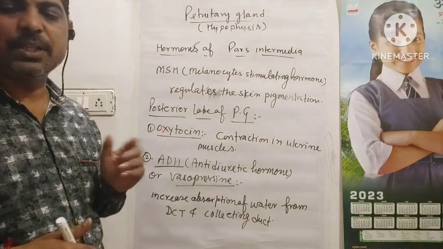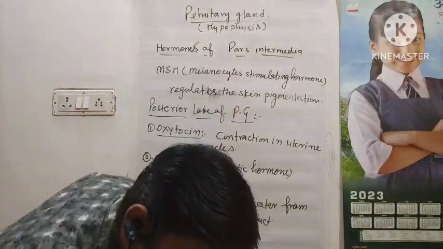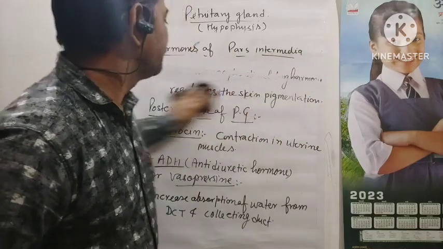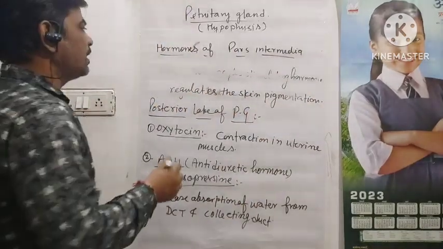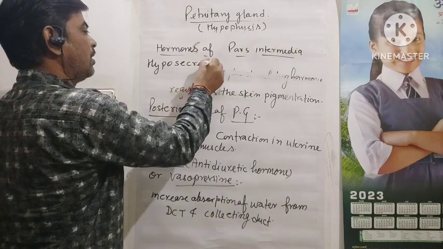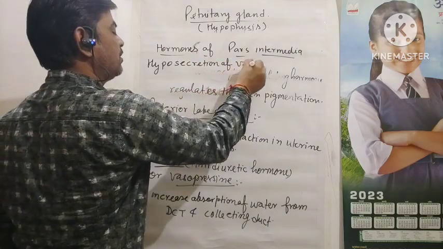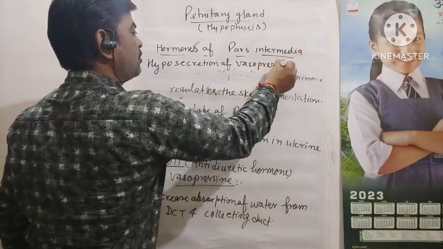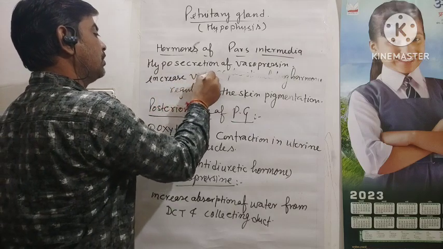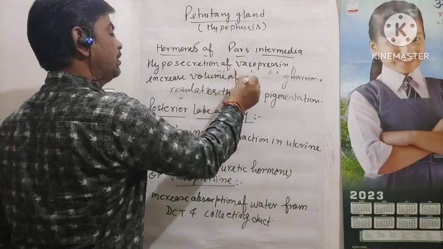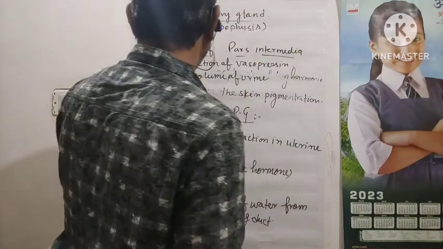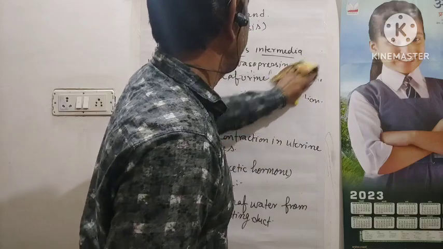The important term related to this is that hyposecretion of vasopressin increases the volume of urine, and this increased volume of urine is known by the name of diabetes insipidus.